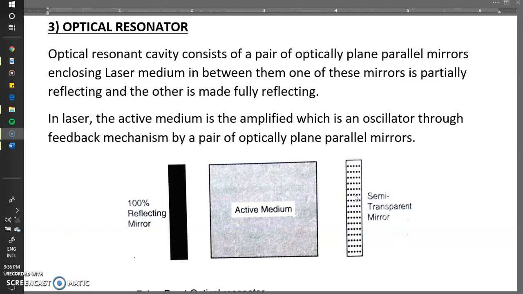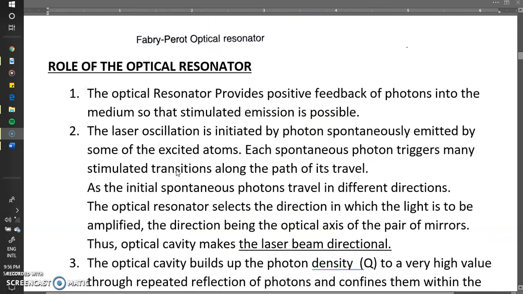In laser, the active medium is amplified, which is an oscillator, through a feedback mechanism, which is provided by the two plain optically parallel mirrors. Next, we'll see the role of optical resonator.